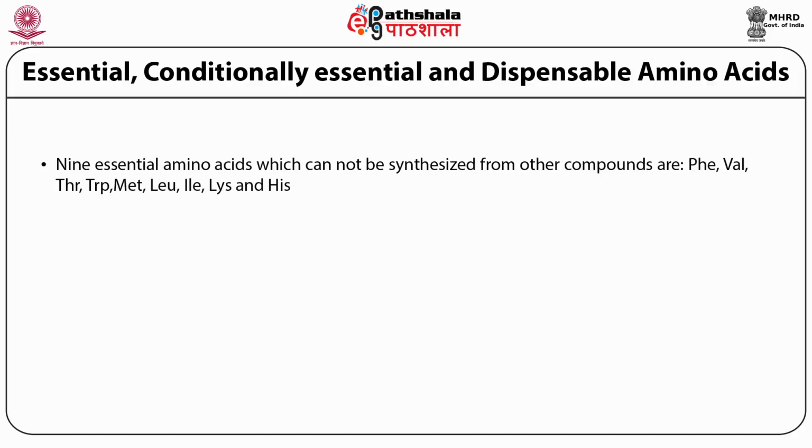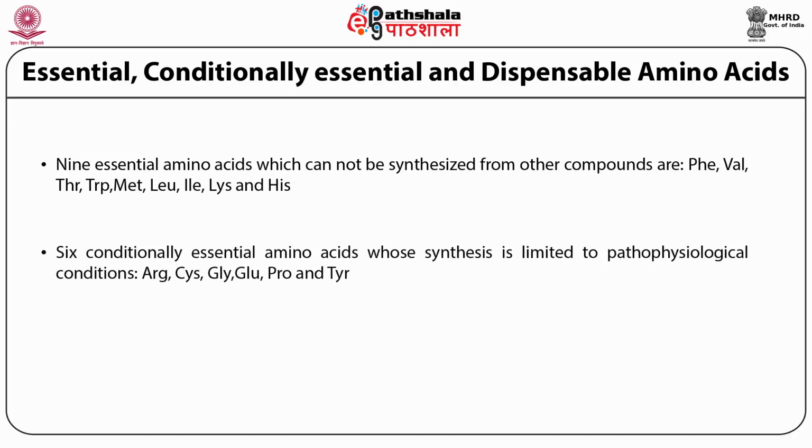Nine essential amino acids, which cannot be synthesized from other compounds, are Phe, Val, Thr, Trp, Met, Leu, isoleucine, lysine, and histidine. Our body cannot synthesize them, so they have to be given through the food or supplements.